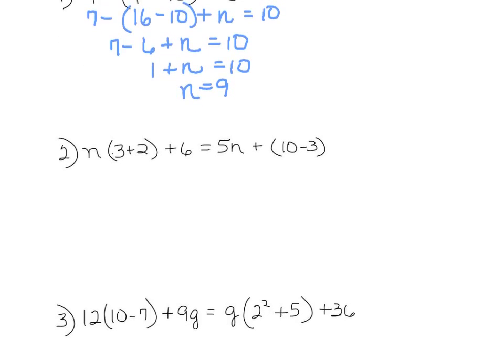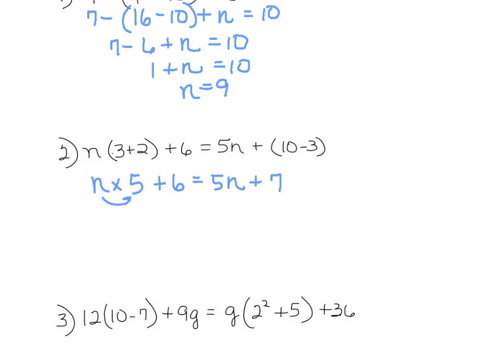Okay, let's look at number 2. n(3 + 2) + 6 = 5n + (10 - 3). All right, let's work at doing the parentheses. n times 3 plus 2 is 5, plus 6 is equal to 5n, plus 10 minus 3 is 7.